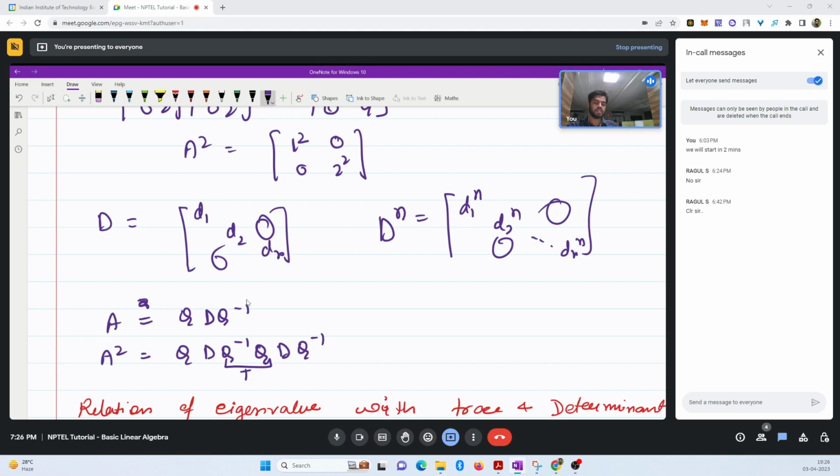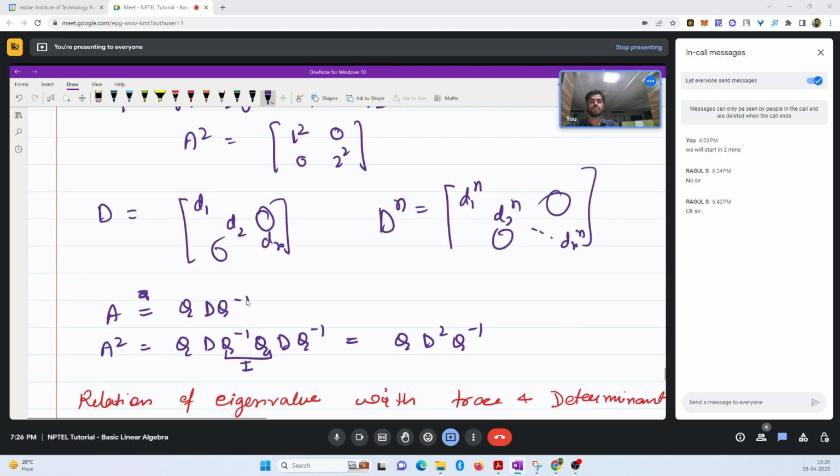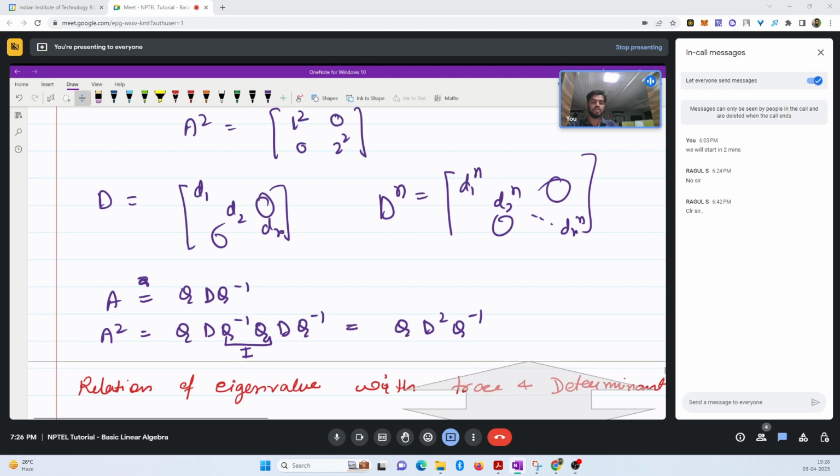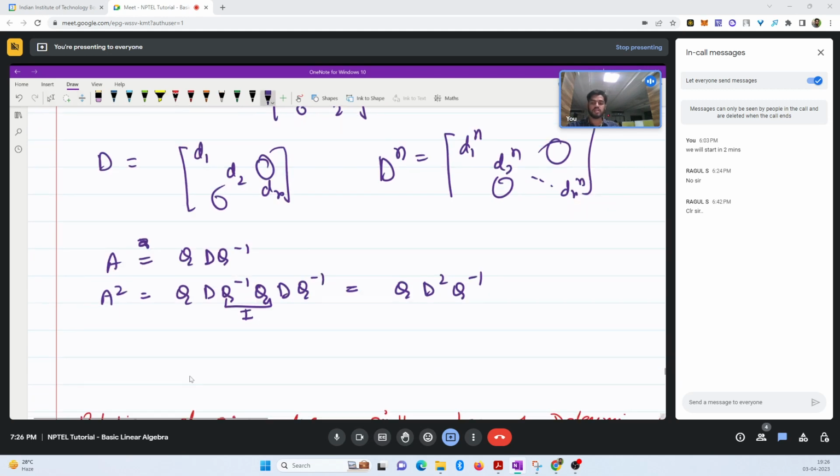So this becomes identity, and this becomes Q D square Q inverse. Okay, अब ऐसे ही अगर हम लोग चलते रहें, we will keep going. So what we can achieve is that A to the power n is Q D to the power n Q inverse.